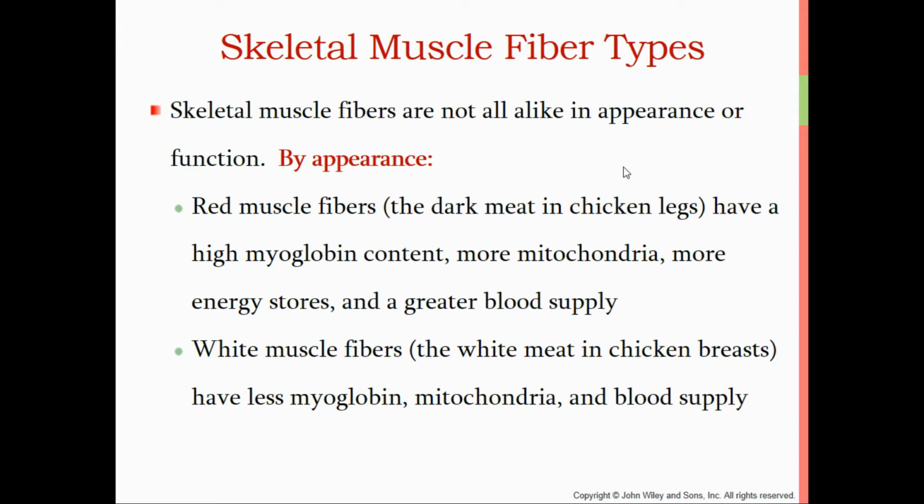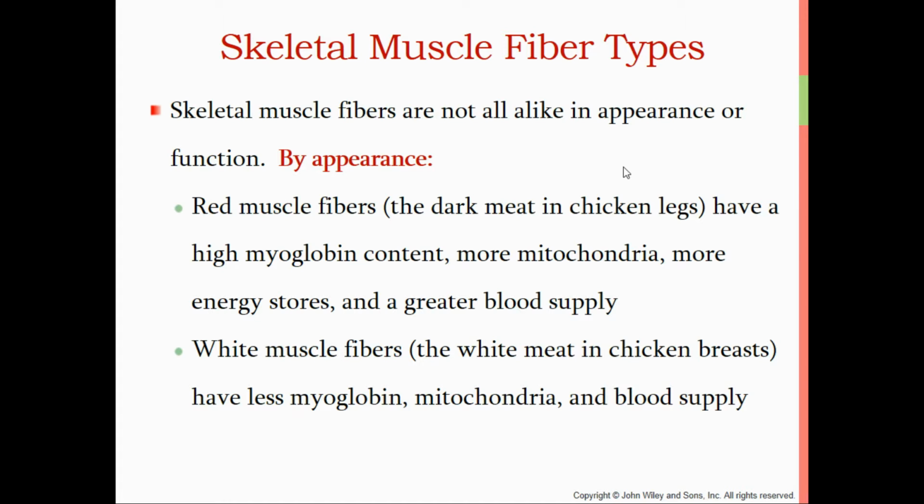So red muscle fibers, think about dark meat in a chicken or a turkey, have a high concentration of myoglobin, which is a substance your body will use for fuel to make ATP to move your muscles. They'll have a higher number of mitochondria, again, the powerhouse of the cell. They have more energy stores and a greater blood supply.